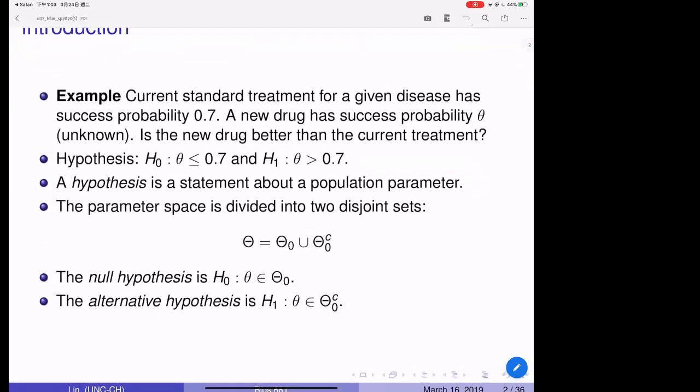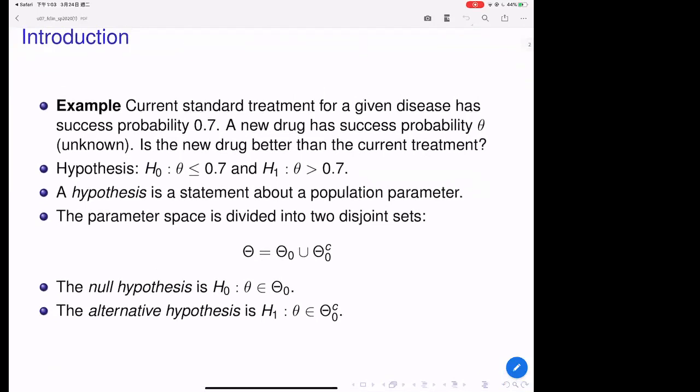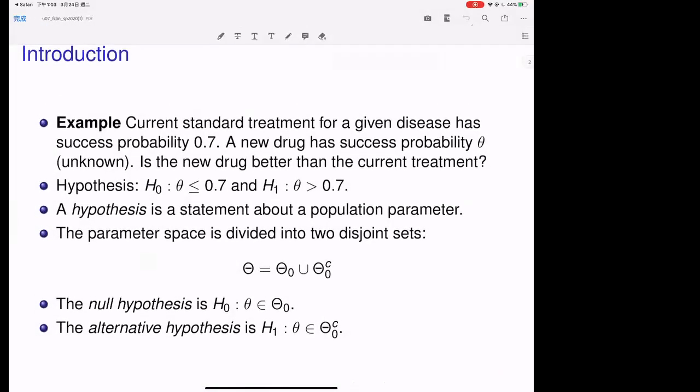Let me do some introduction first. We see a lot in presentations a treatment for a disease. You have a standard treatment with a successful probability of 0.7. Then you are trying to develop a new drug and see whether its successful probability is theta.